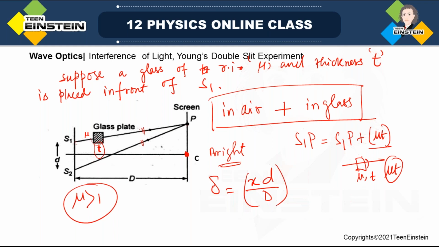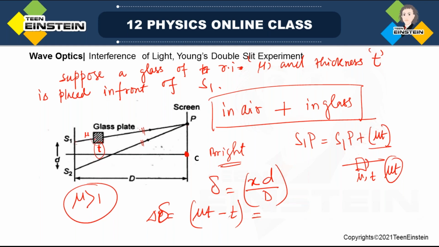But what is the path difference introduced? You have to write the extra path difference, suppose delta P, as the path traveled in the glass minus the path traveled in air.